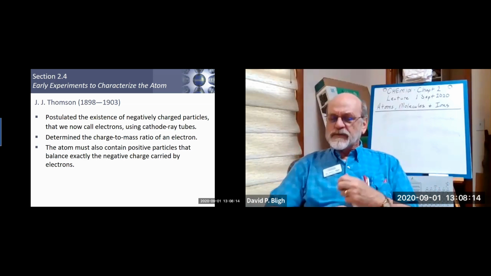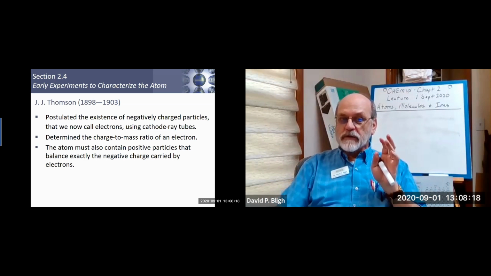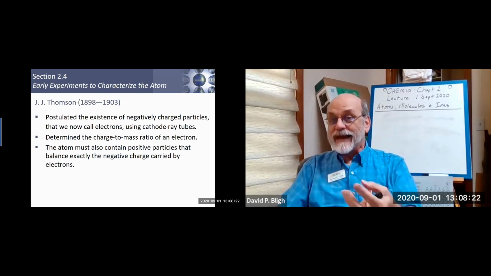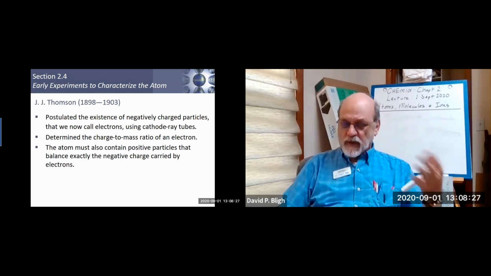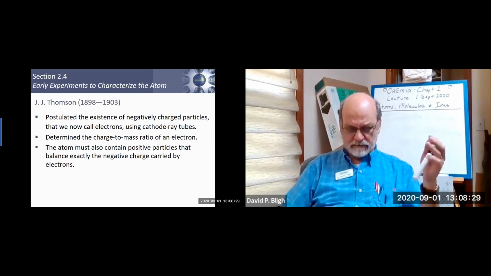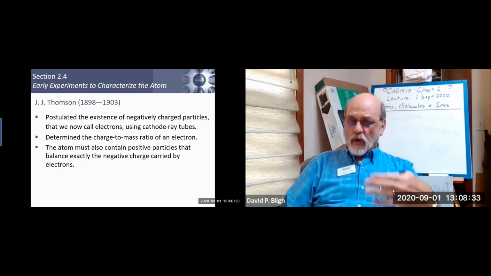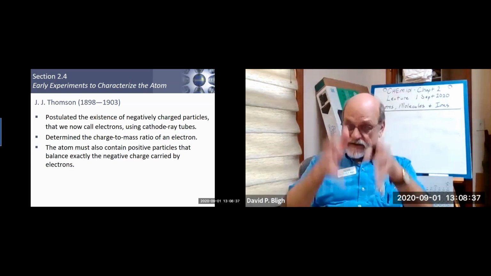But now J.J. Thomson is saying, here's why the negative charge, because there are negatively charged particles as part of the atom. And he determined through his experimentation, which we don't have time to go into right now, that the ratio of the mass of an electron to its charge is a given value.